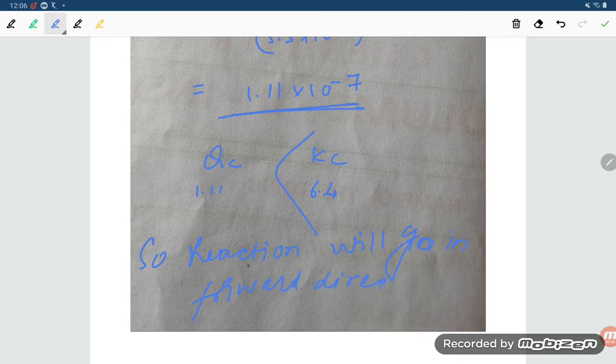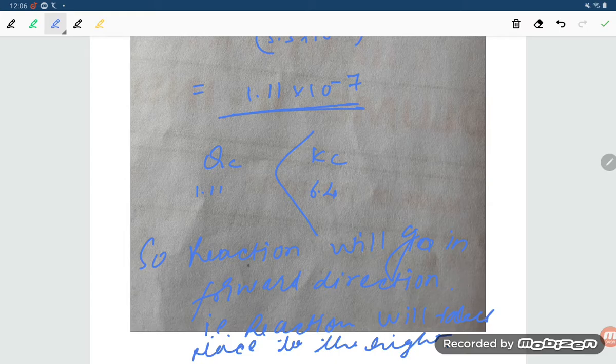Forward direction means the reaction will take place to the right.